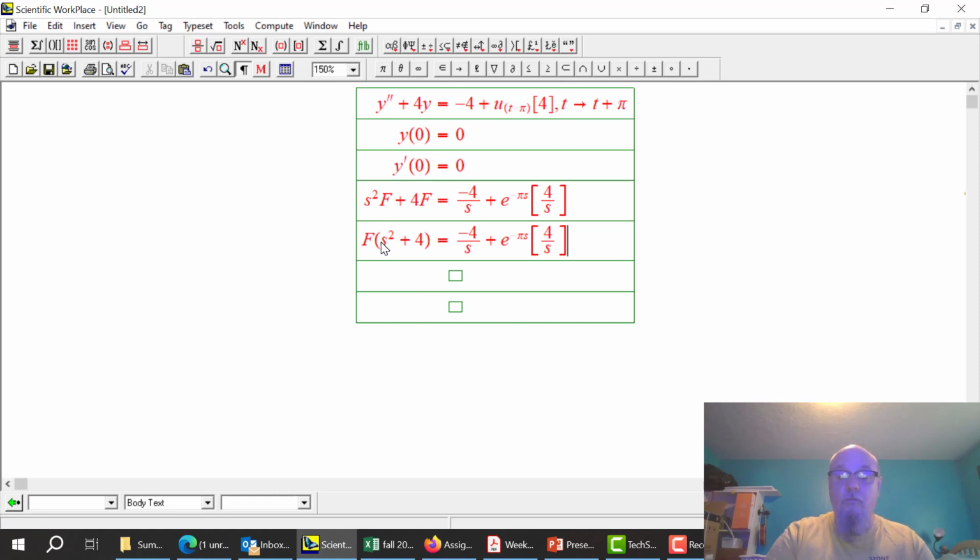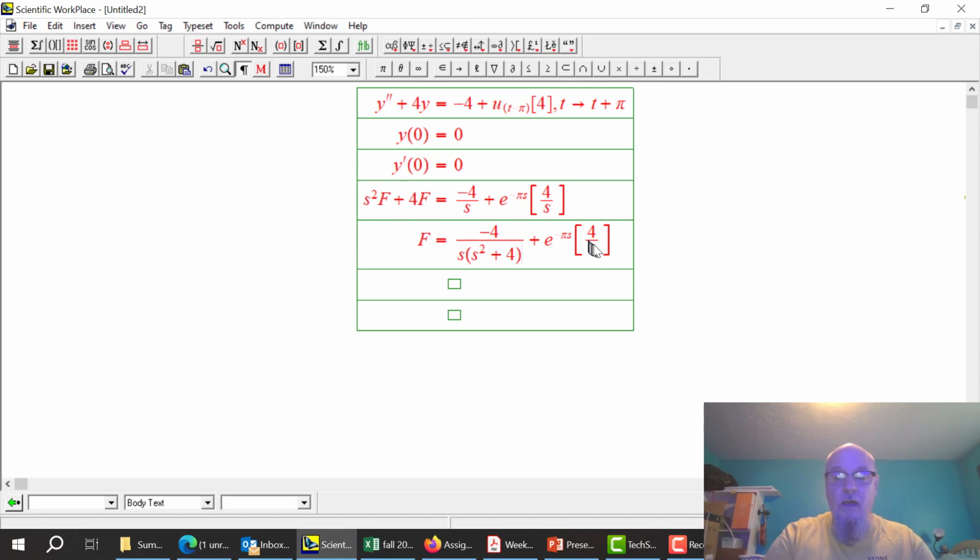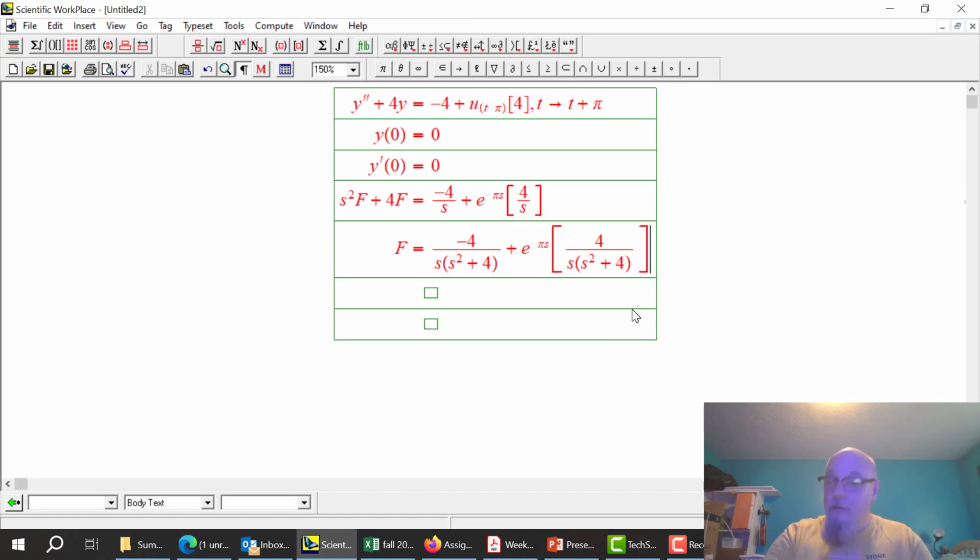So now I can solve for F by dividing both sides of the equation by this s squared plus 4. Now I'm going to unLaplace, but before I take the inverse Laplace, I need to break this up into partial fractions.